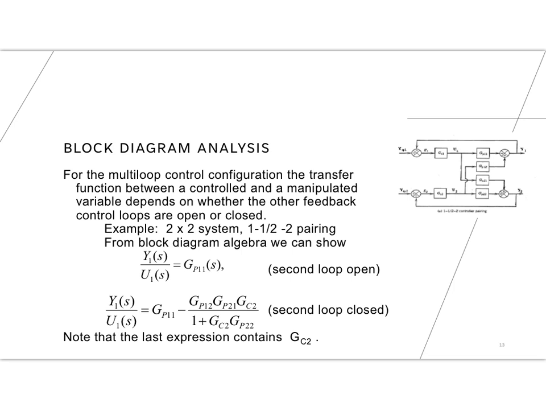Because that passed through the loop, it's over 1 plus the product in the loop, GC2 GP22. Again, they do the details of this in the book, and I'm not overly concerned about that at this stage.